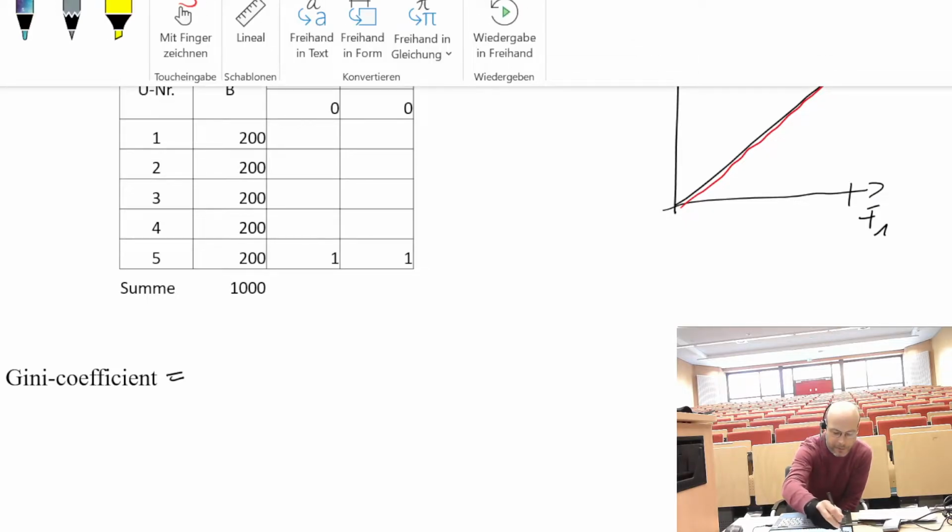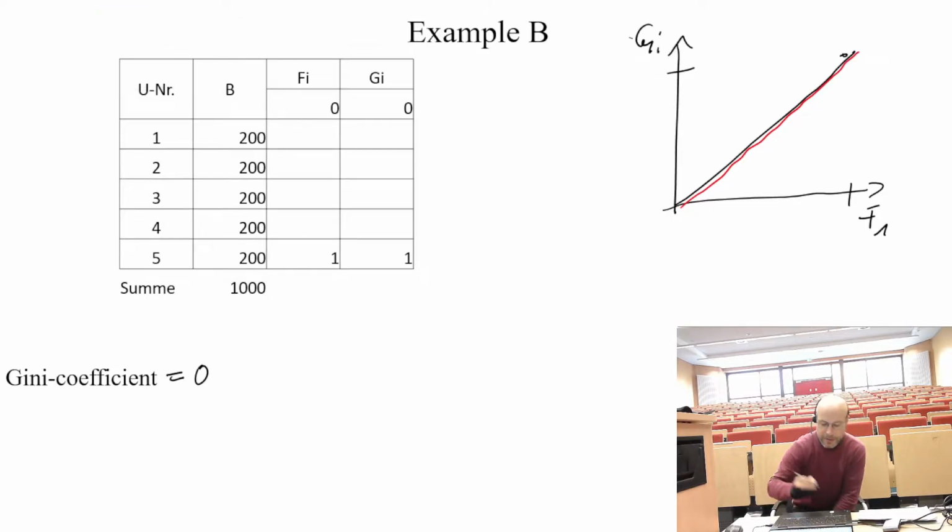I don't think we really have to calculate this, but let's just do it. So we have 1/5, 2/5, 3/5, 4/5, and of course here we have the same. And the Gini coefficient is then of course 0.